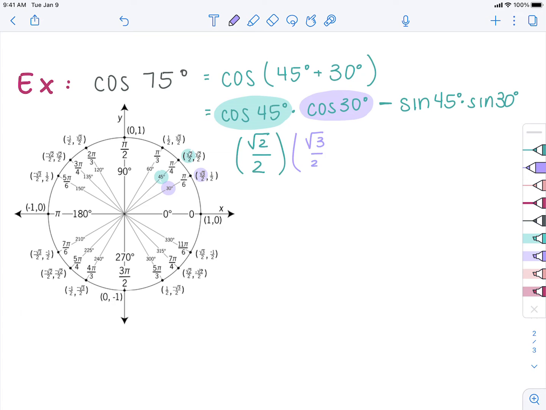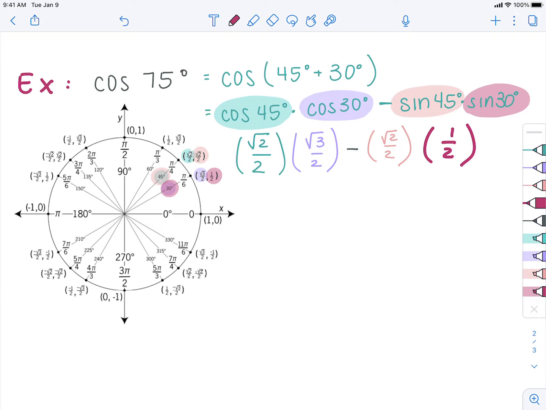And those things are multiplying. Then I'm subtracting sine of 45 degrees. 45 degrees is right here, and the sine is the y value, so that's root 2 over 2 again. And my sine of 30 degrees is my y value at 30 degrees, which is 1/2.